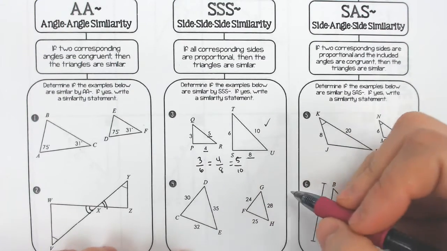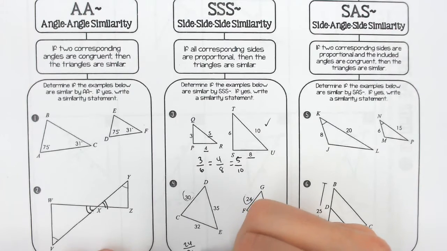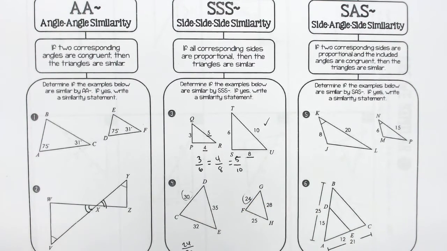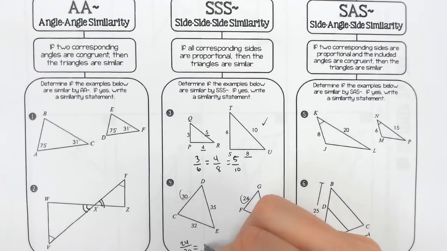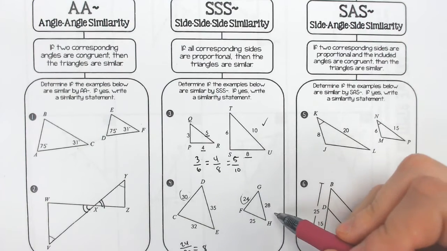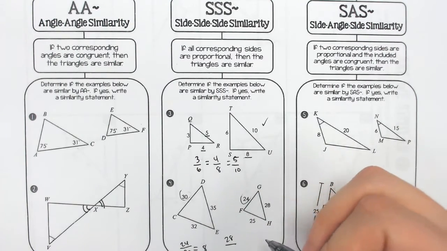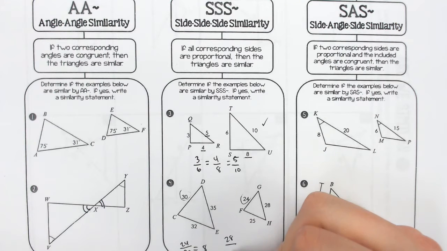So if we have 24 over 30, if I divide 24 by 30 in my calculator, it is 0.8. So I would need to make sure that all of the other things when I divide them are 0.8. So when I divide 28 by 35, that had better be 0.8 as well.